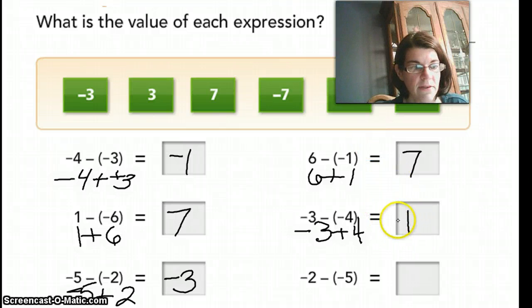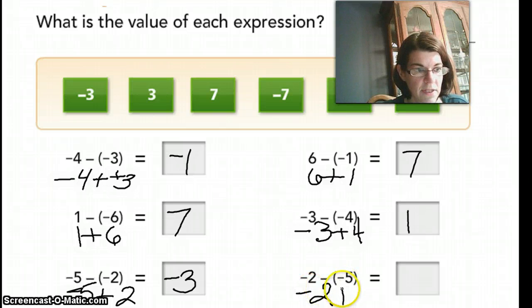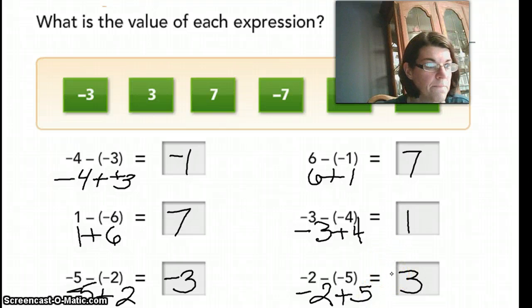And we keep the sign of the larger absolute value, which is positive. The 4 is bigger. And the last one, negative 2. Add the opposite. The opposite of negative 5 is 5. So 5 minus 2 is 3. And we keep the sign of the larger absolute value, which again is positive.